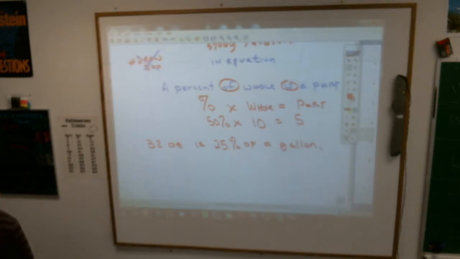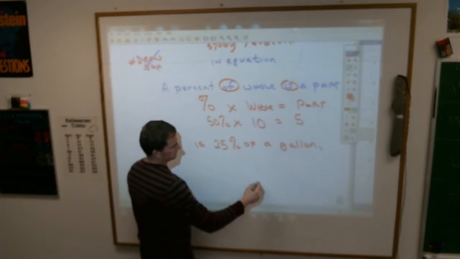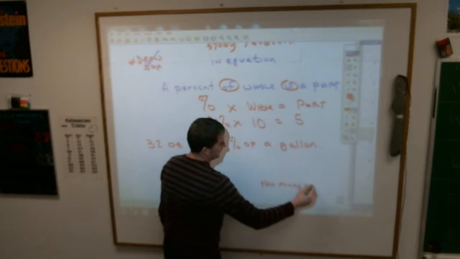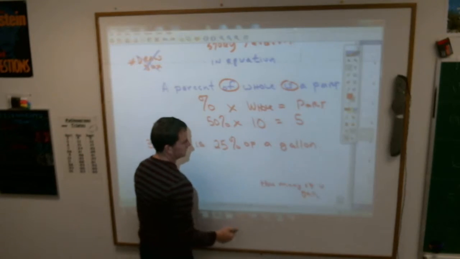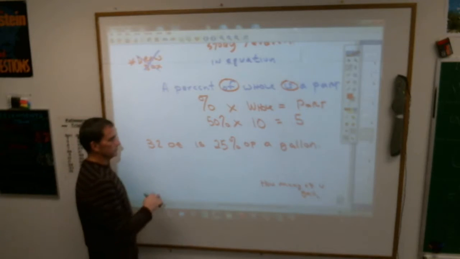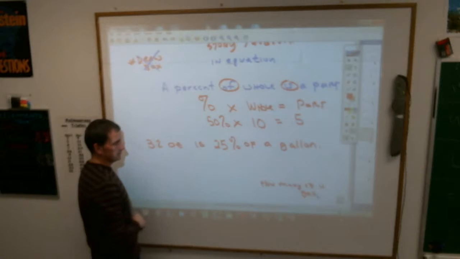Right? How many ounces is a gallon? Which means you're just asking, how many ounces is a gallon? Okay, so basically, 32 ounces is 25% of a gallon, right?